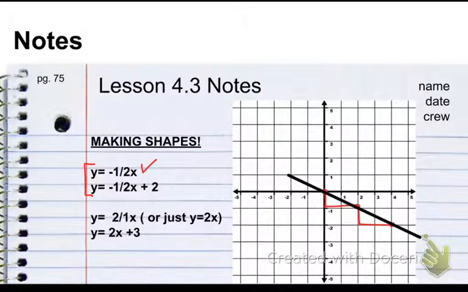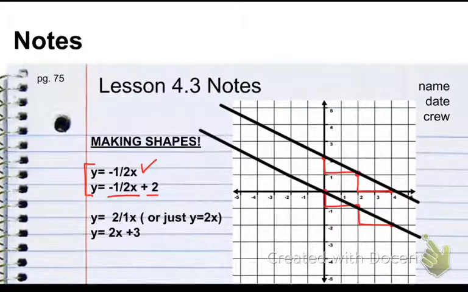I have to have the exact same slope of negative 1/2 x, but a different y-intercept, a little higher or a little lower. So I'm going to start at positive 2 and follow that exact same pattern: down 1 over 2, down 1 over 2. Connecting those dots, I end up getting my parallel lines.